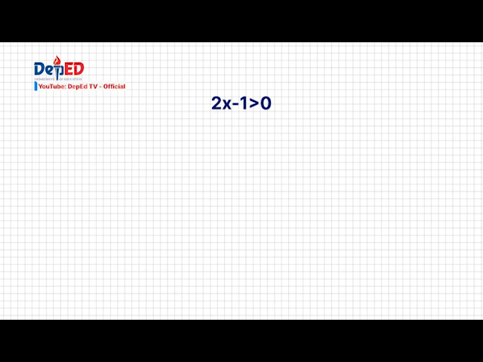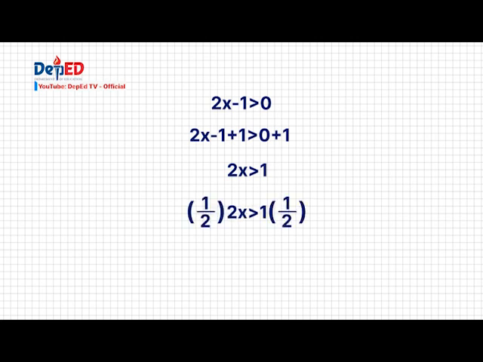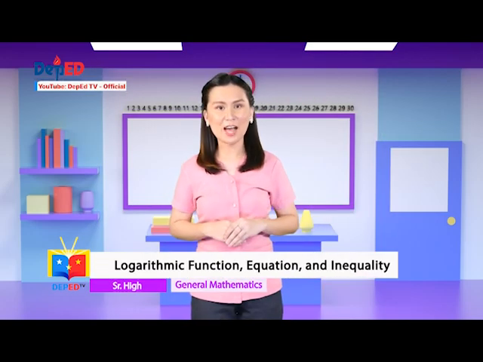This gives us 2x minus 1 plus 1 is greater than 0 plus 1. Adding like terms, we will have 2x is greater than 1. By multiplication property of inequality, we multiply both sides by 1/2. This gives us x is greater than 1/2. Thus, we consider values of x greater than 1/2.